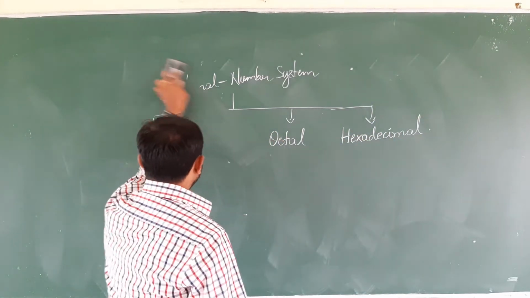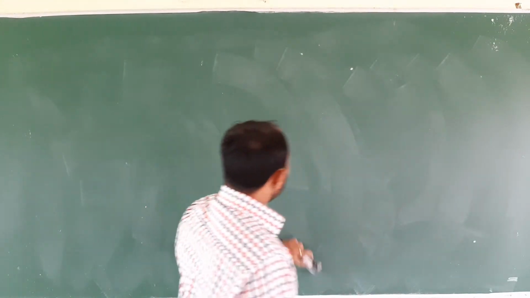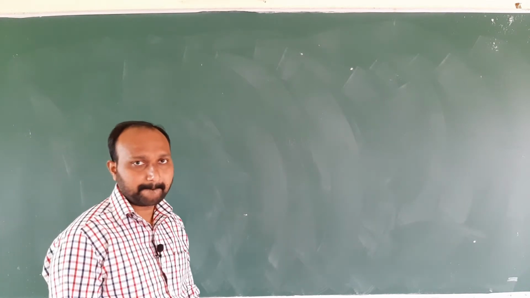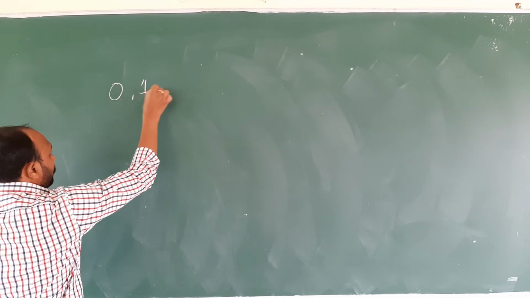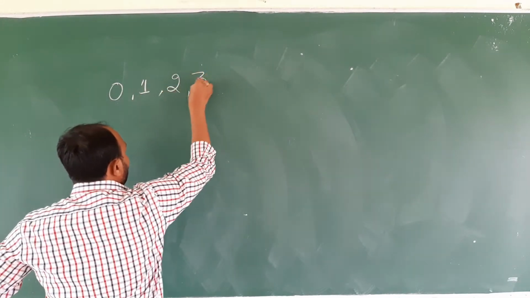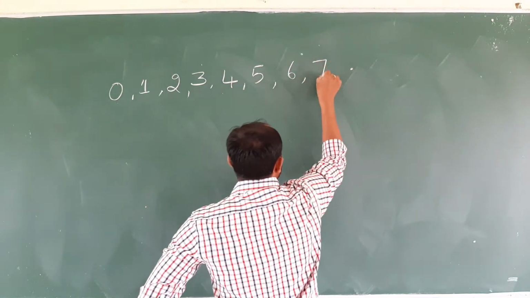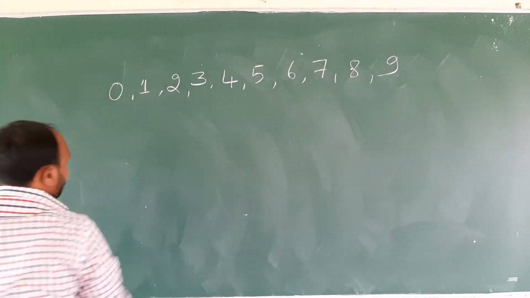So let us understand what is decimal number system. A number system having the following symbols. They are 0, 1, 2, 3, 4, 5, 6, 7, 8, 9.